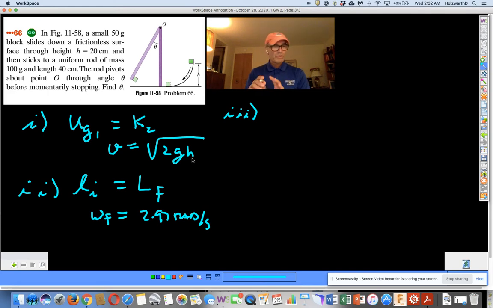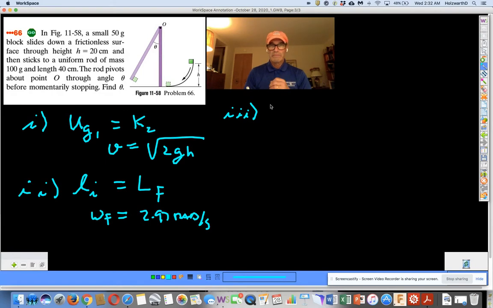So what we're going to do is assume that the kinetic energy that the block and the rod had is then going to go to another state of energy, which is energy of position, when the block and the rod momentarily stop, for which we're going to determine the angle. That being said, let's identify energy at state 1.